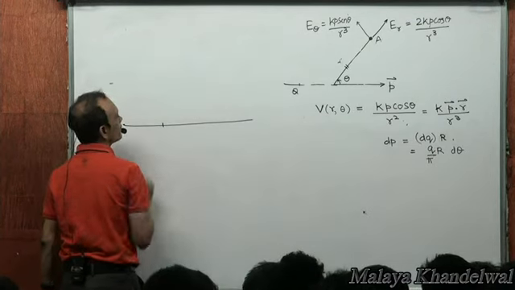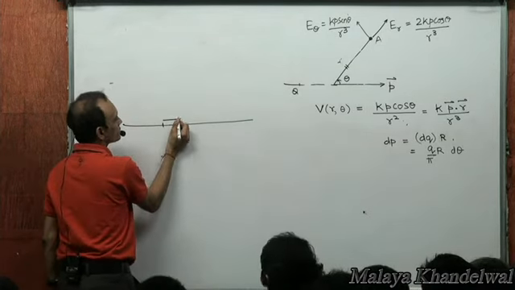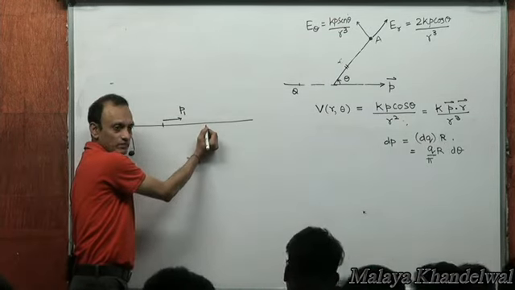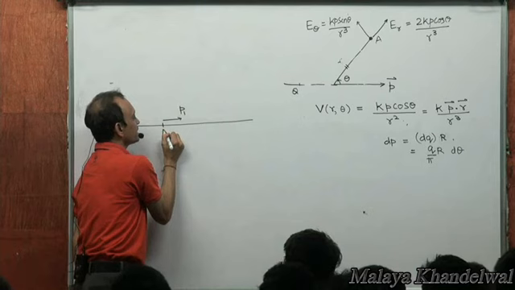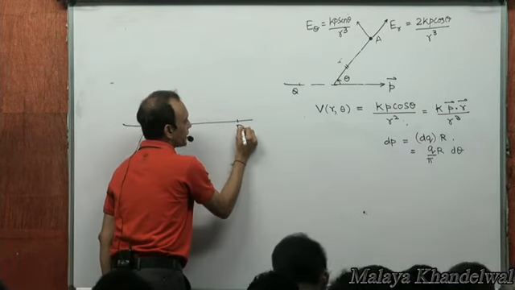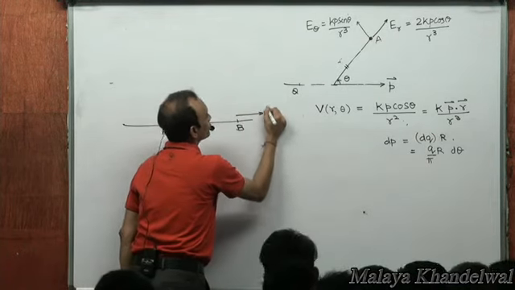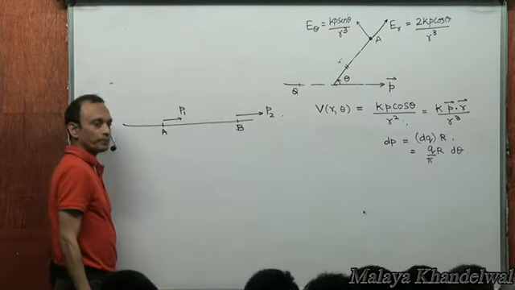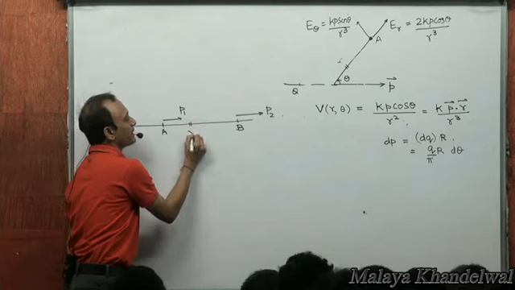Say there is a dipole P1 directed as shown at A, and there is another dipole P2, and let's say they are separated by r.